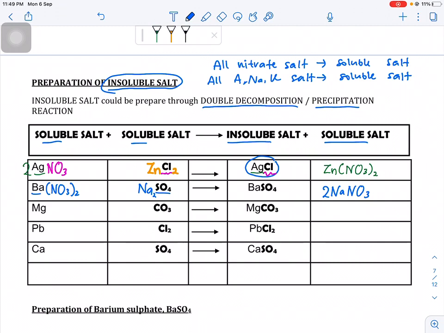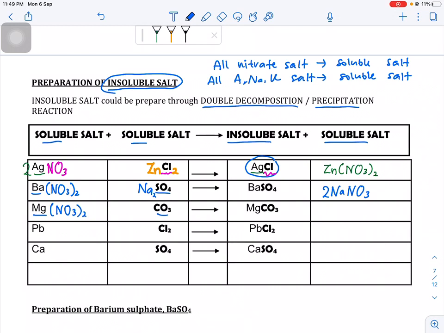Okay, and the third insoluble salt is magnesium carbonate. So we write down the magnesium and the carbonate. Find the soluble salt that contains magnesium. So paling senang ambil magnesium nitrate. Kalau tak nak ambil magnesium nitrate, you can have magnesium chloride or magnesium sulfate.